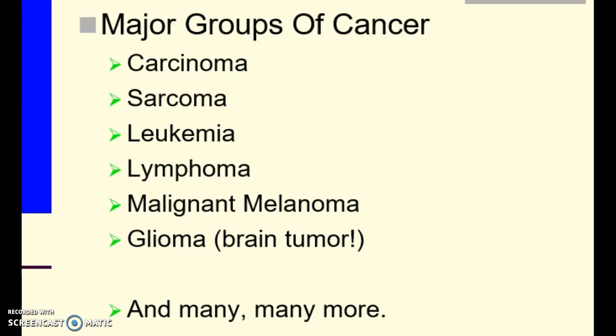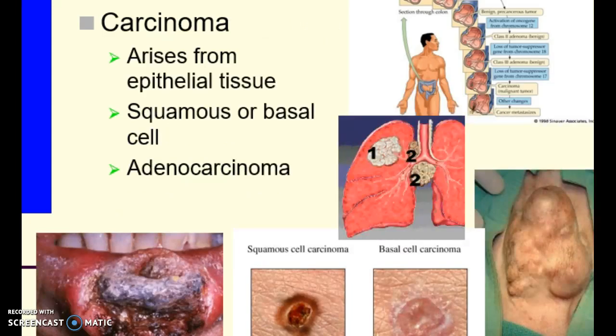There are different groups of cancer. Carcinoma means cancer. Sarcoma, leukemia, lymphoma, malignant melanoma, glioma, brain tumor, and there's many, many, many more. They can hit different parts of the body depending on their name, and obviously their names make it easy to describe what they are.